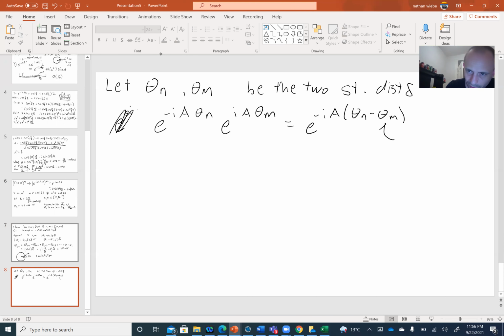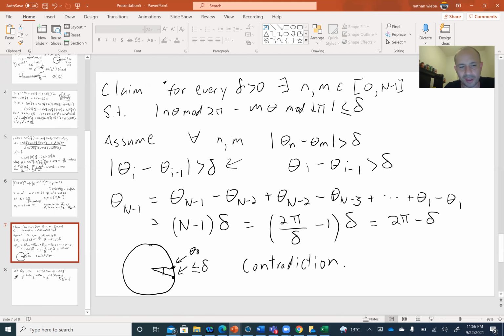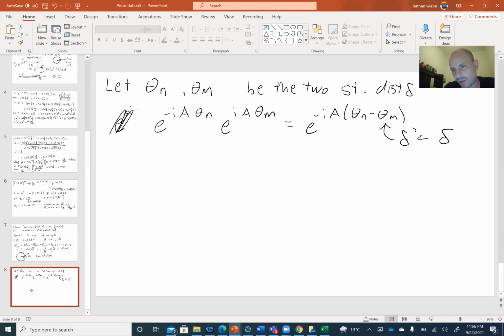And this over here is an angle delta prime, which in magnitude has to be less than delta from the previous claim that we made. So this ends up generating a small rotation angle.